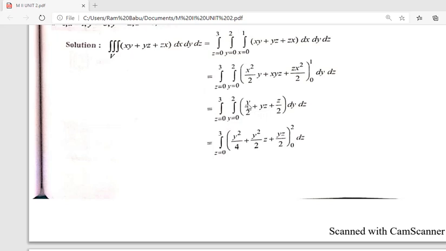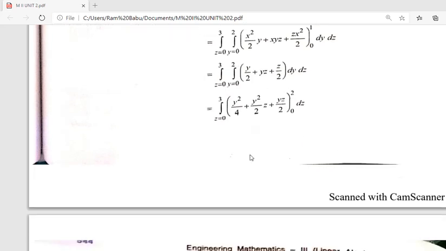The integral value of y is y square by 2, so y square by 2 into 2, that is y square by 4, plus y square z by 2, plus z by 2 is constant, therefore its integral value is yz by 2 with respect to y. Limits are 0 to 2.